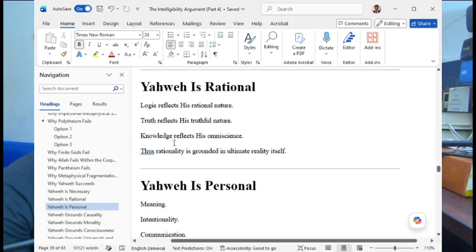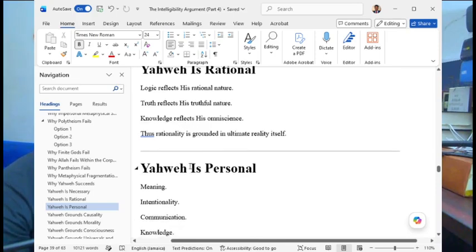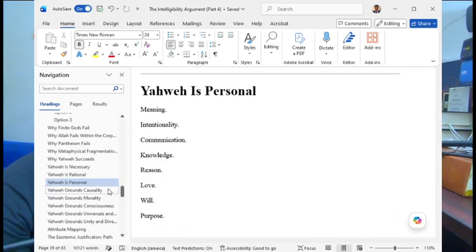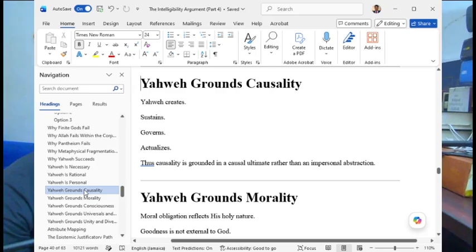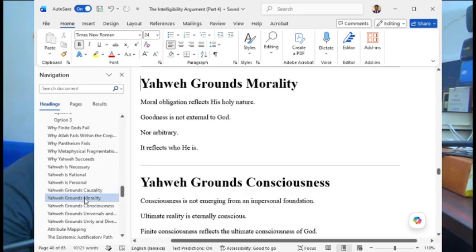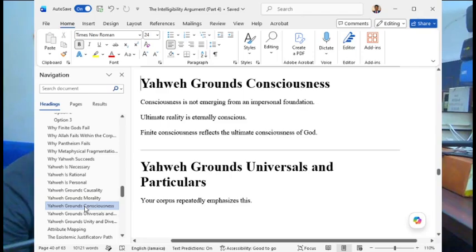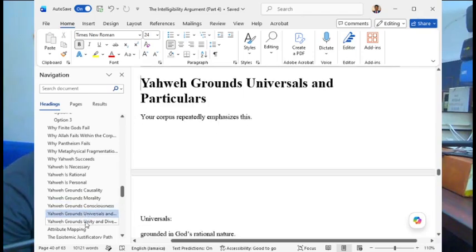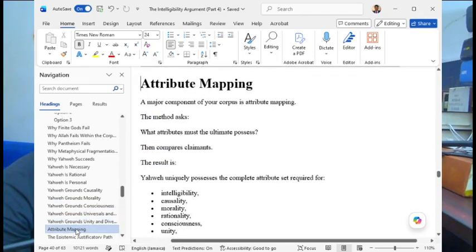Truth reflects his truthful nature. Knowledge reflects his omniscience. Thus, rationality is grounded in ultimate reality itself. And Yahweh is personal. Yahweh grounds causality. Yahweh grounds morality, and these things are all biblically demonstrated. You can go to the Bible and see where Yahweh grounds all of these things: universals and particulars, and attribute mapping.